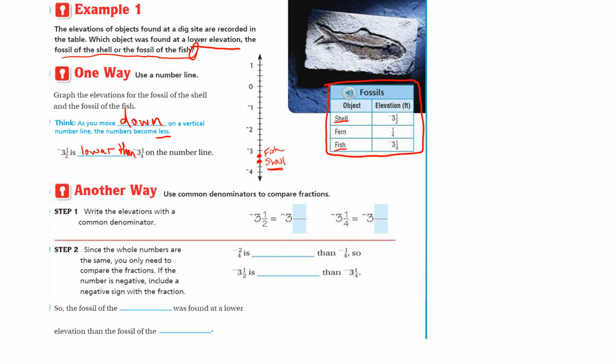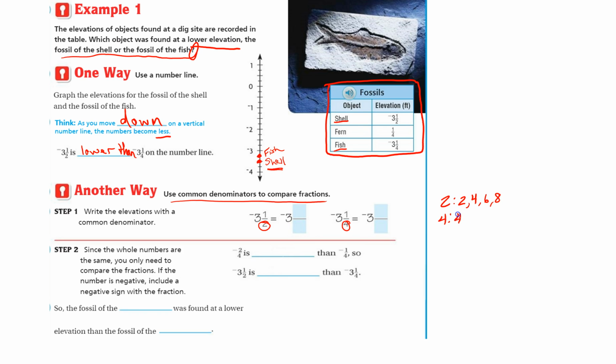Okay, another way to do it is we can use common denominators to compare the fractions. So we look at the denominators 2 and 4. We count by 2's: 2, 4, 6, 8.